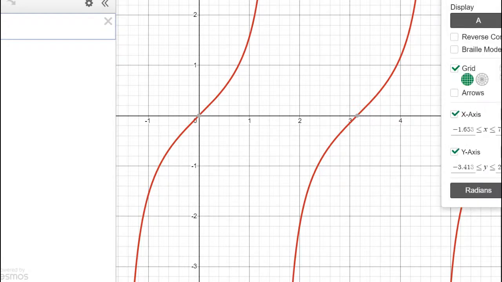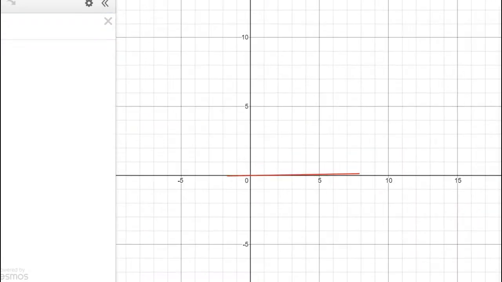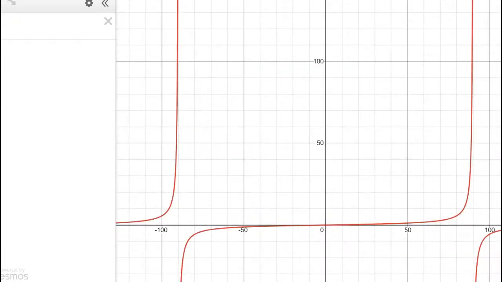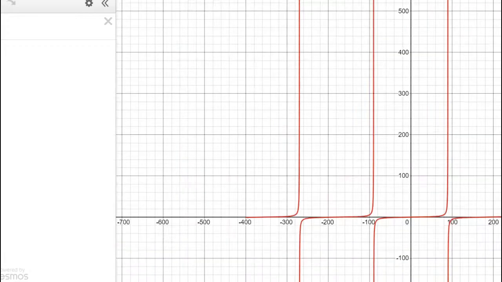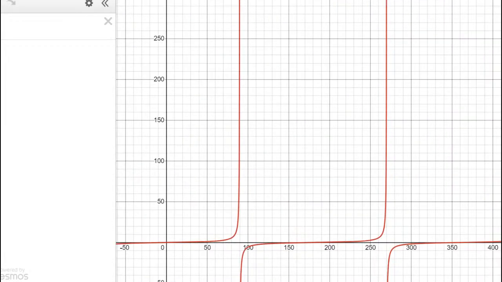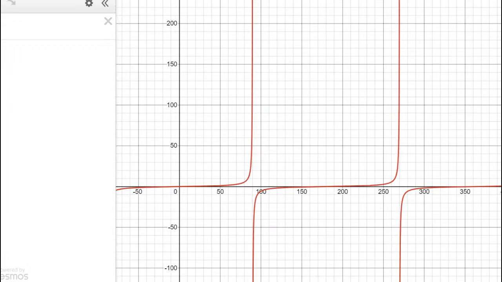So 0 to 360 degrees. This is what we have, and we are looking for minus 1. There would be values over here as well. What would be these values?